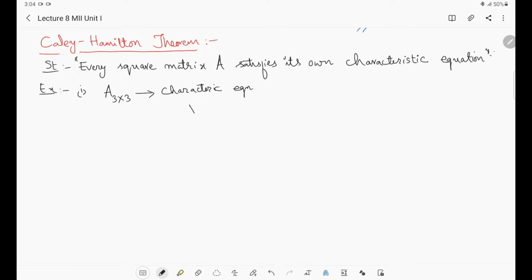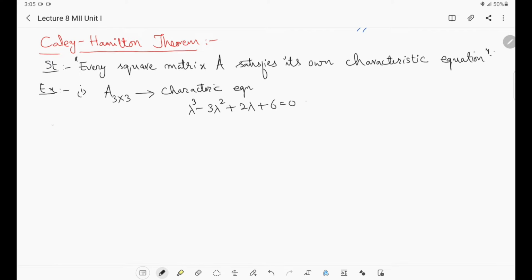For example, suppose you got the characteristic equation to be lambda cube minus 3 lambda square plus 2 lambda plus 6 equals 0, from the matrix A. Then this theorem says that every square matrix A satisfies its own characteristic equation. What is the meaning of this? Wherever lambda is there in this equation, if you substitute the matrix itself, then again you will get 0. So, A satisfies this characteristic equation.